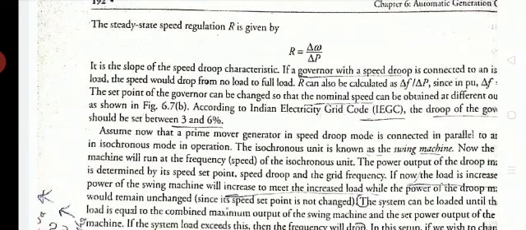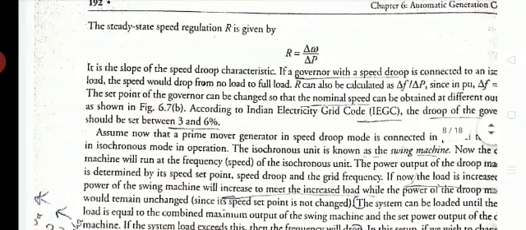See, if the set point of the governor is changed, the nominal speed can be obtained at different outputs. It is clear in figure 6.7b what we have shown. According to the Indian Electricity Grid Code, the droop of the governor should be set between 3 and 6%.